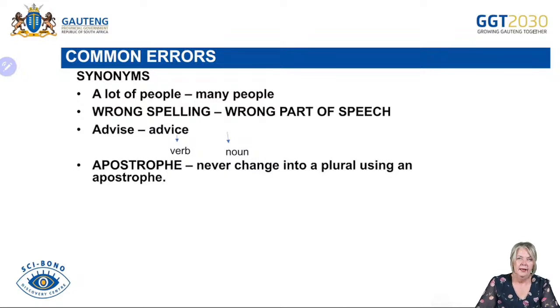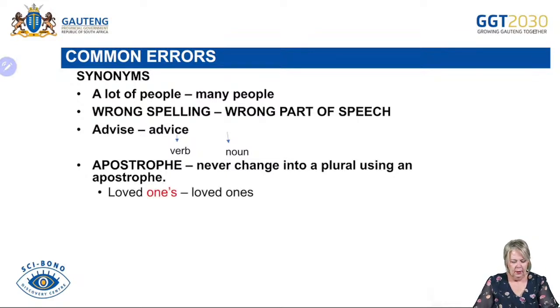In this case, it makes a plural. You never make a plural using an apostrophe. There's your example, loved ones. Never, ever, ever, ever, ever. So photos is photos, not photo apostrophe S. That is one rule that you should remember for the rest of this year, for the rest of your life.